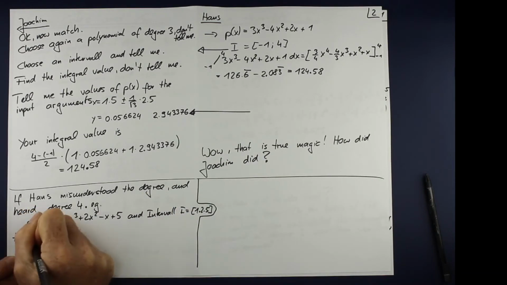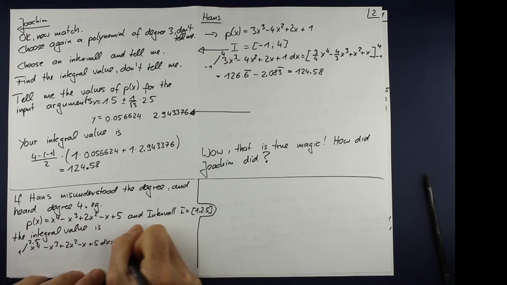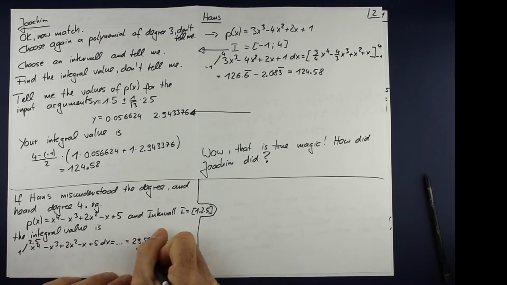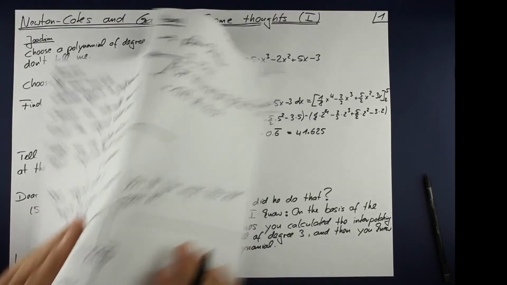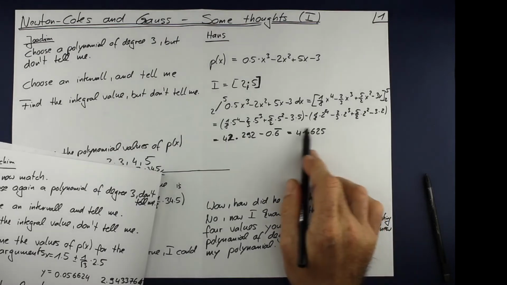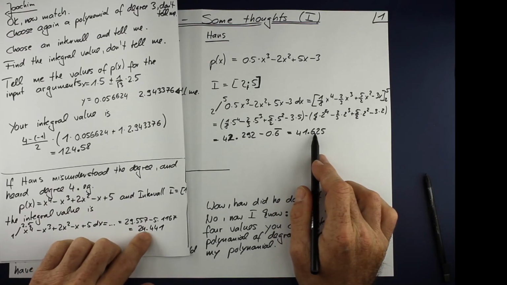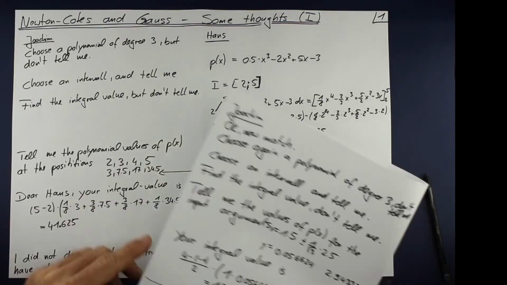Then his integral value, antiderivative value for 2.5, value for 1, and he gets 24.441. So here he would say, okay, the integral value is 24.441, but he did not tell me.